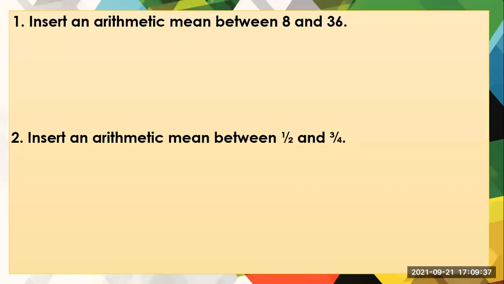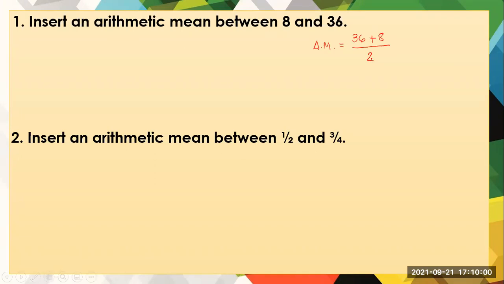Insert an arithmetic mean between 8 and 36. You know that you are to insert an arithmetic mean, therefore 8 and 36 are arithmetic terms. So get the arithmetic mean.